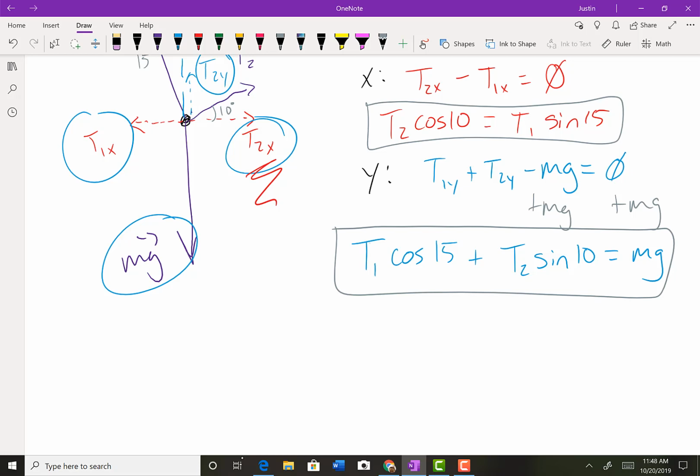I'll let you guys know the easiest way to do this is substitution method. So I'm going to take this equation here and isolate T1. So this is T2 cosine 10 equals T1 sine of 15. I'm going to divide both sides by sine of 15.